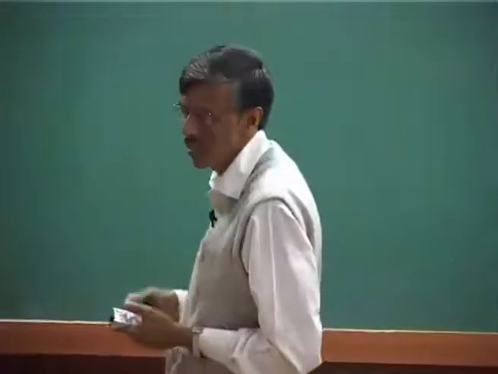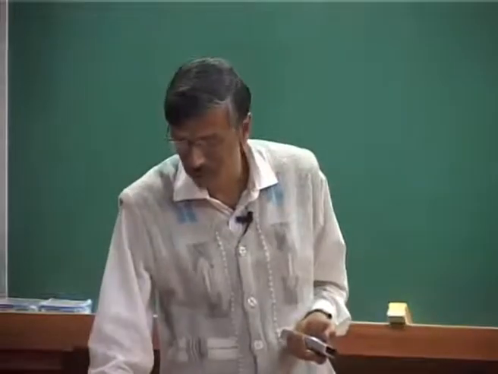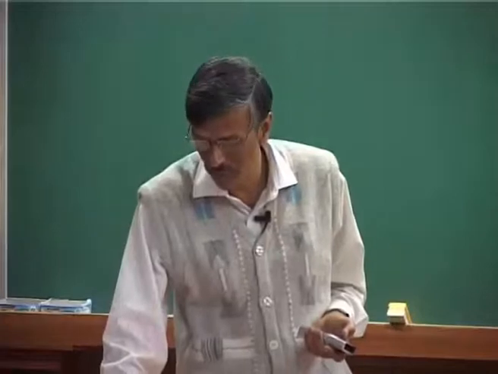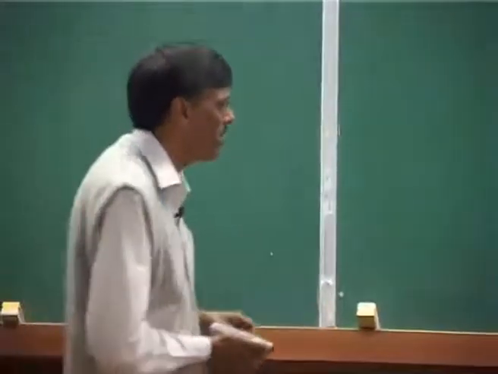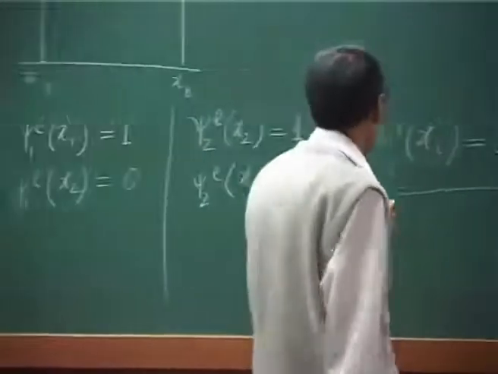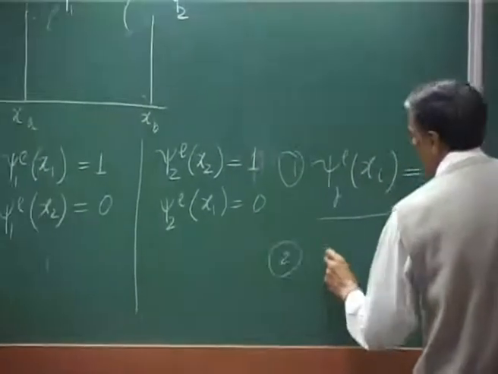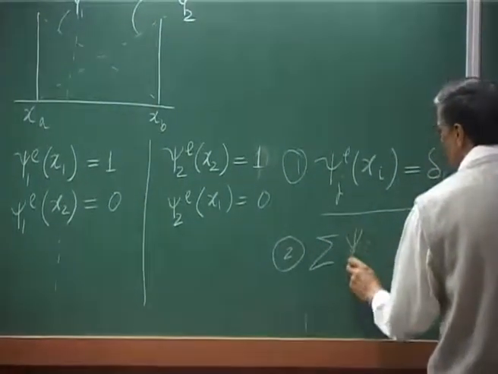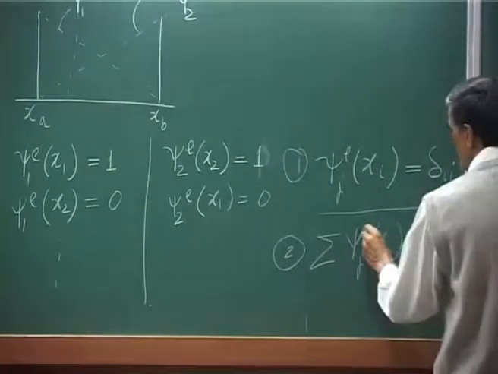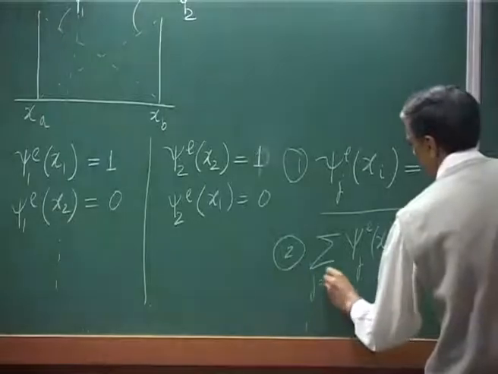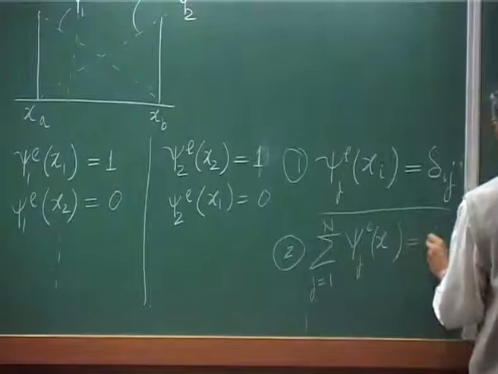So this is the essential property that you have for the Lagrange interpolation. These are the two essential properties that we see: number 1, it behaves like a Dirac delta, and number 2, you sum over all psi j at any x, depending on whatever you have, and this will always add up to 1.